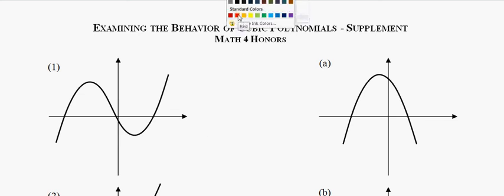Alright, take a look at problem number 1, this cubic. I'm going to try to figure out what the graph of its derivative looks like by thinking about values of its derivative. Now remember, the output of the derivative, which will be graphed as its y-coordinate, is the value of the slope.